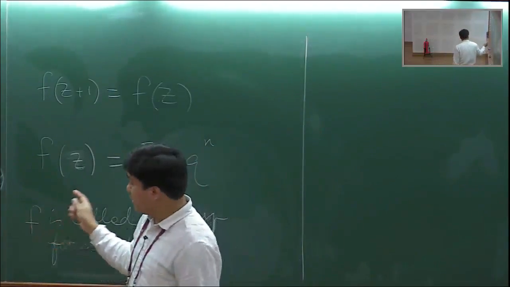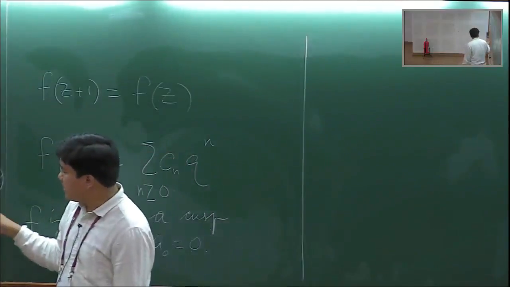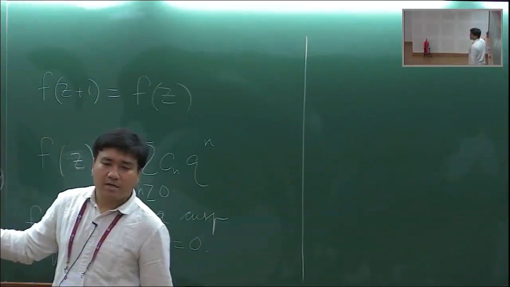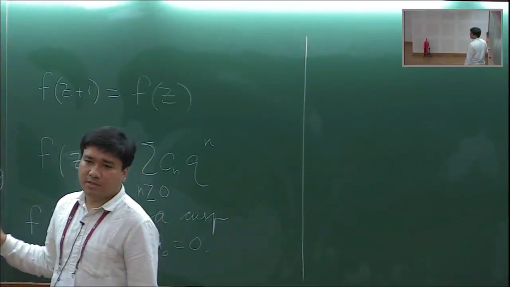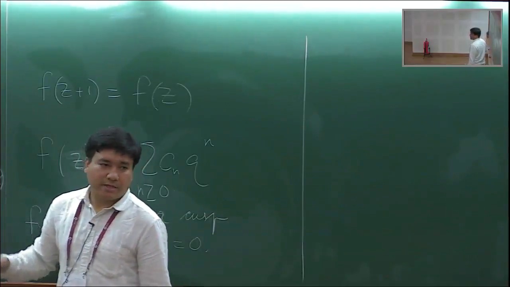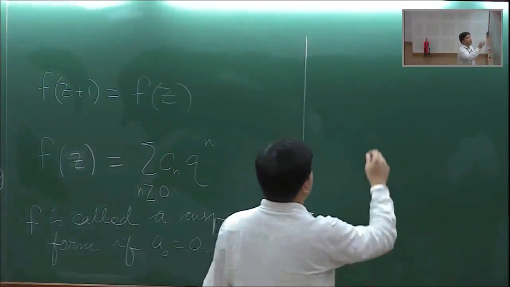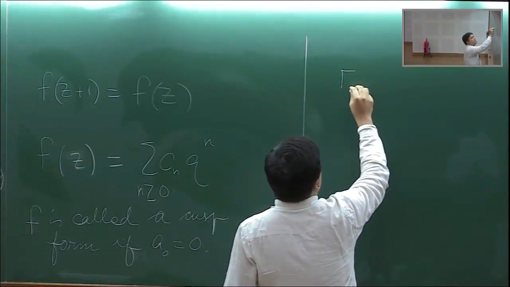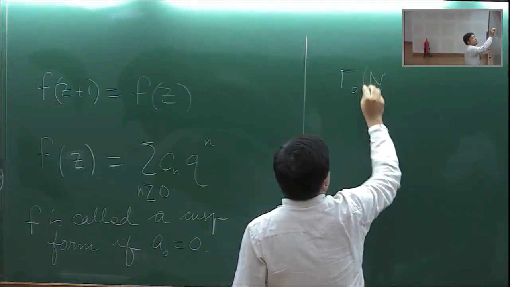So these are what modular forms are, but sometimes you don't want the whole of SL2Z. You want only some special subgroups of SL2Z. So for example, you can have subgroups which are known as gamma naught of n.